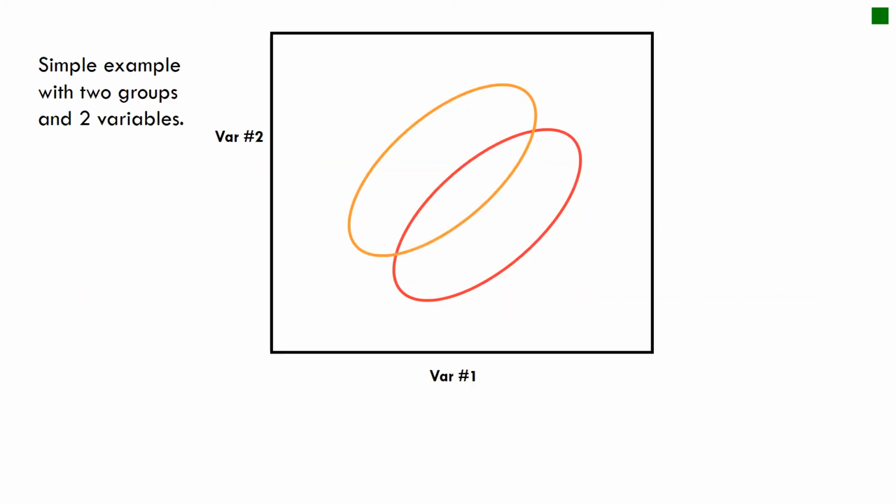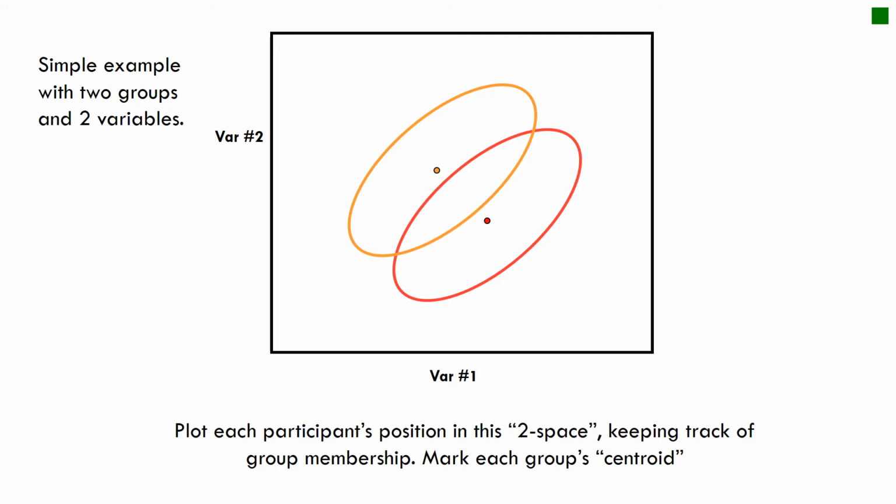So again, looking at our map here, we have individual locations or individual groupings based on a mapping between the variables that we have. We create a centroid, which would be the center, and this is a statistical device.